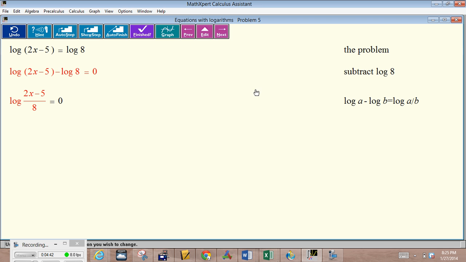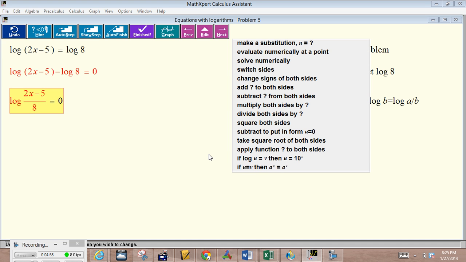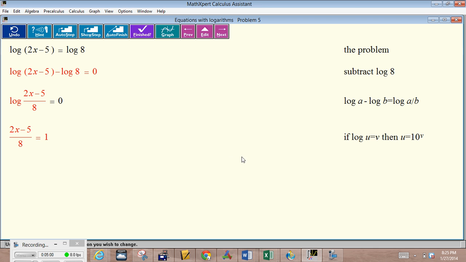Now what I'm going to do is convert this out of the log form. So it's going to be 10 to the 0, which is going to be 1. And that's going to equal the argument, 2x minus 5 over 8.